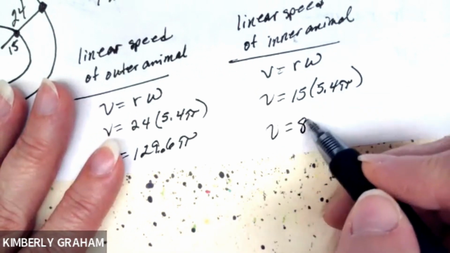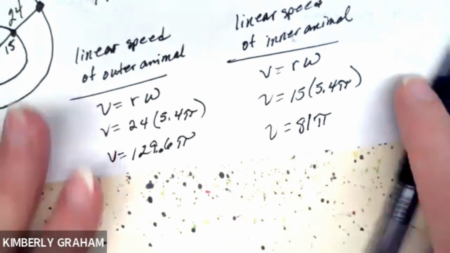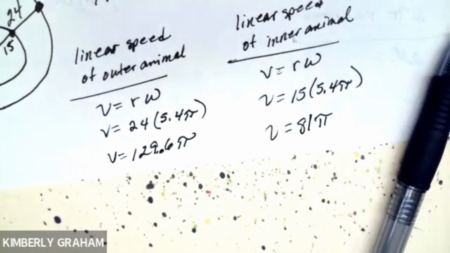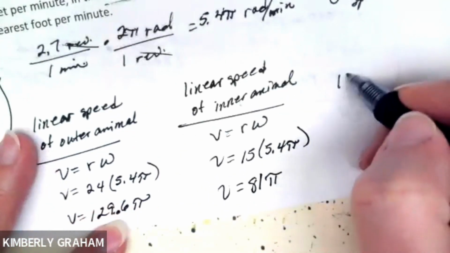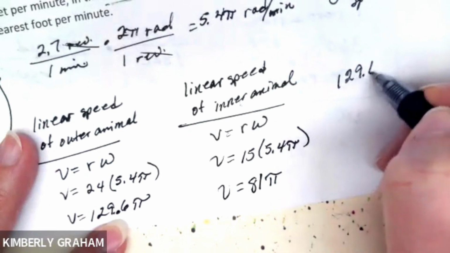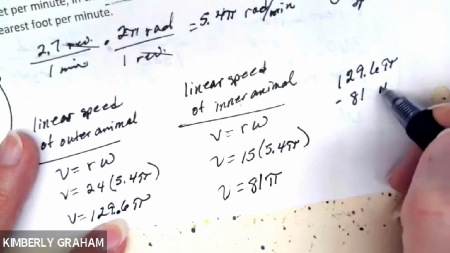And that is 81 times pi. So now I know their speeds. I can subtract them to find the difference. So I'm going to do 129.6 pi minus 81 pi.